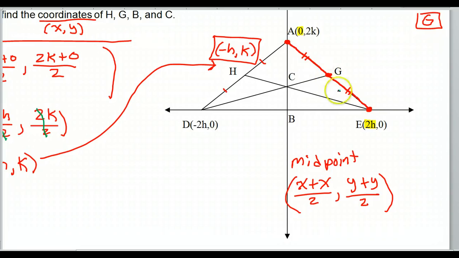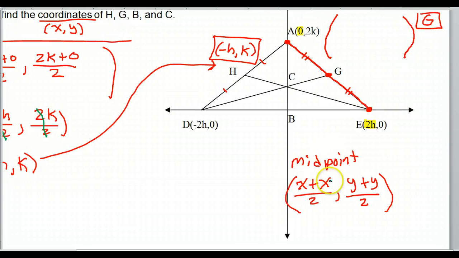It all has to be one segment. So a minute ago when I found H, I had to use the endpoints A and D because those are the endpoints of the segment on which H is the midpoint. Anyways, hopefully that's clear. So back to this.